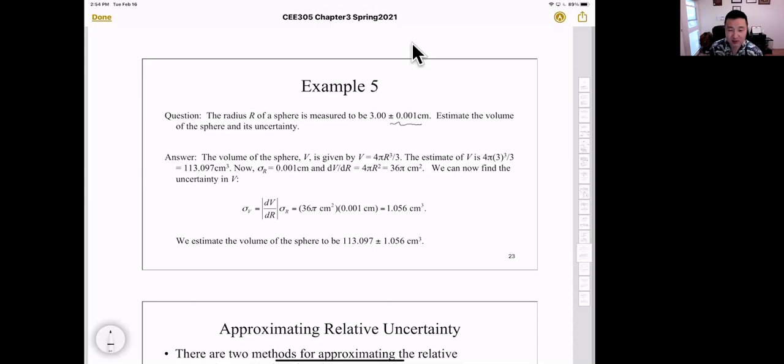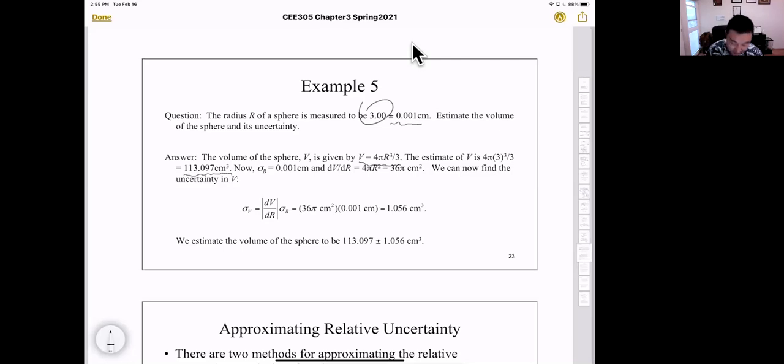The volume of the sphere is a function of R, and the function is this: the volume is equal to 4 pi R cubed over 3. We plug R equal to 3 into that equation, so we get the volume to be this much.